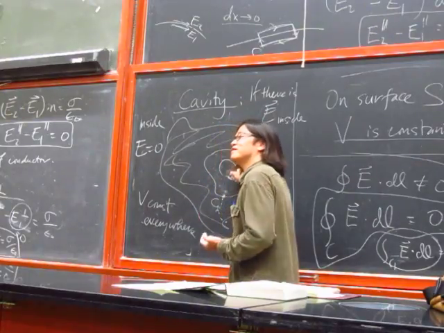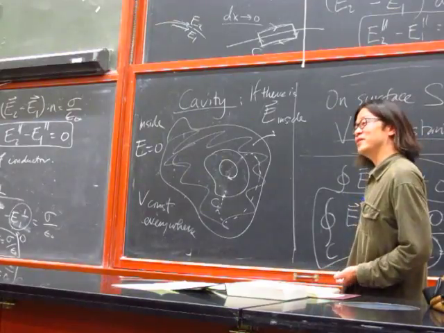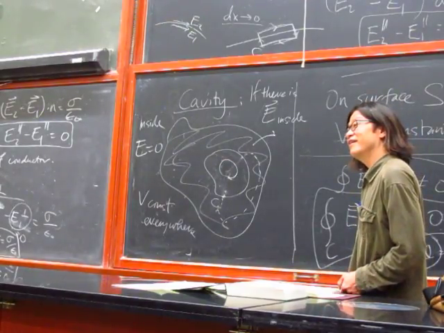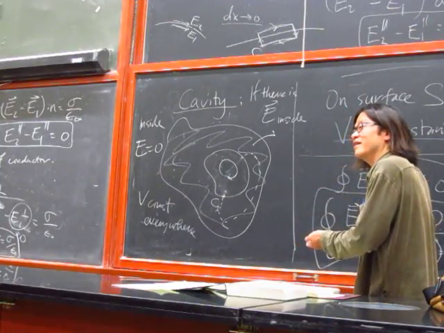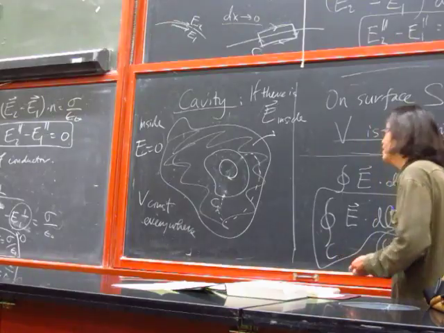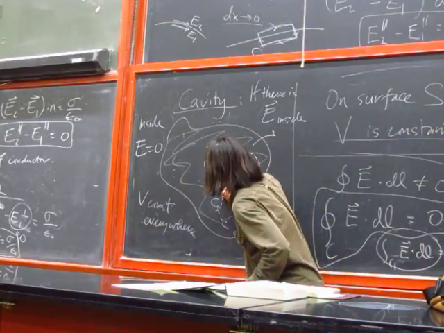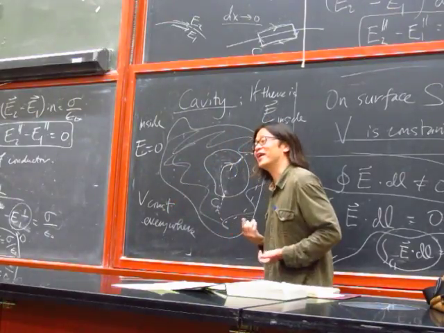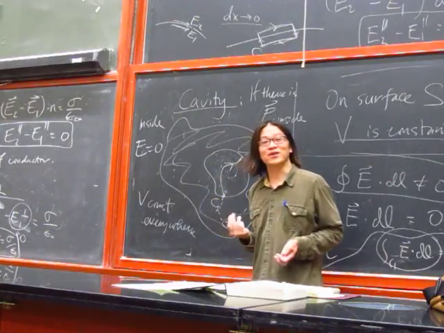If it loops onto itself, it will not satisfy this equation: the curl of the electric field has to be equal to 0. We'll talk about that later on. But if it cannot loop onto itself, then it has to start somewhere and end somewhere else, and then the second part of my argument holds. So therefore, the electric field inside has to be equal to 0.